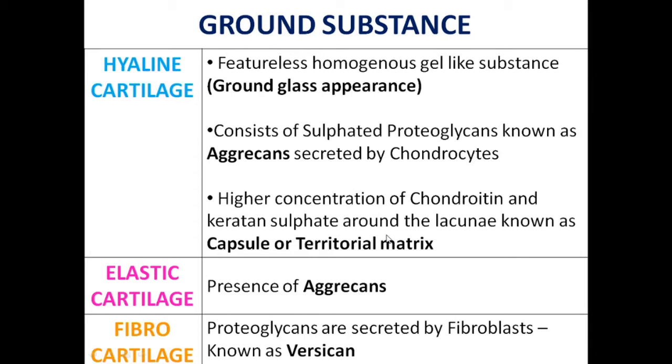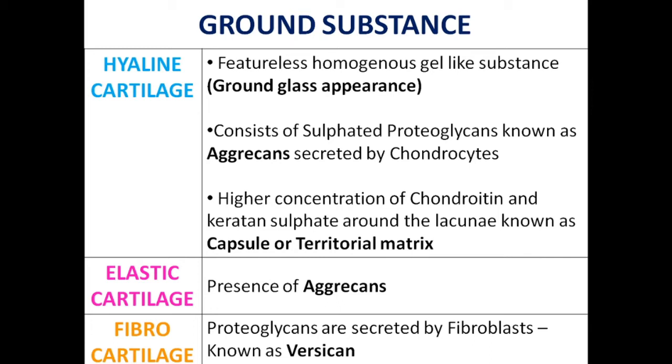In the same way, in the elastic cartilage also there is presence of this ground substance which consists of sulfated proteoglycans, but the proteoglycans here are also secreted by chondrocytes and they are also called aggrecans. When we see about the fibrocartilage, here the proteoglycans are secreted by the fibroblasts and they are called versicans.